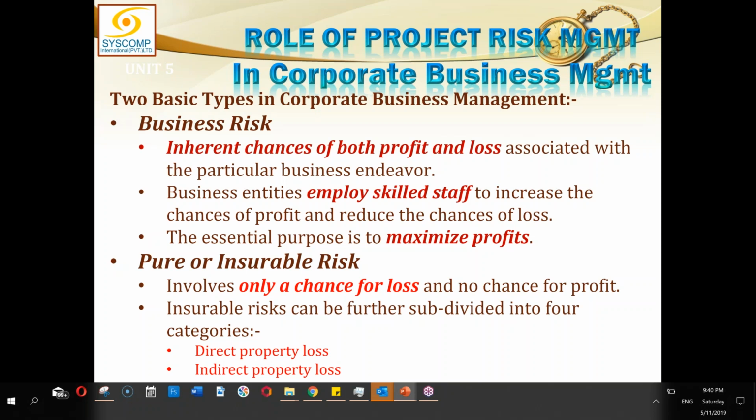There is a probability of meeting an accident. When you meet an accident, some harm will come your way. What kind of damage can it cause you? It could be a direct property loss or indirect property loss.